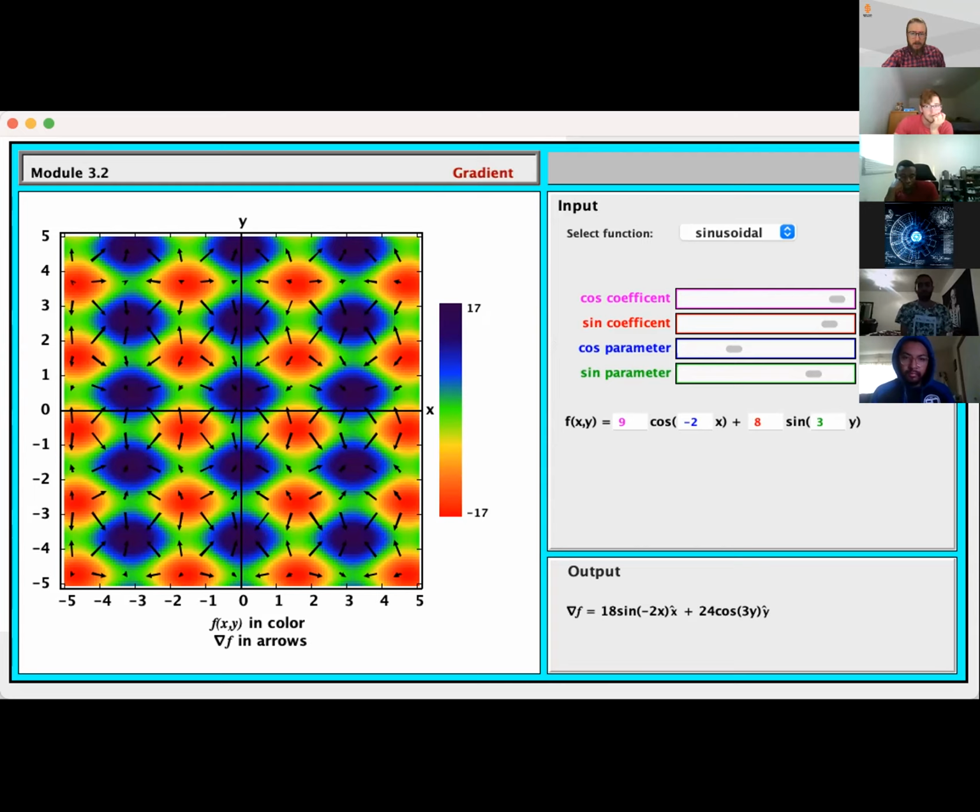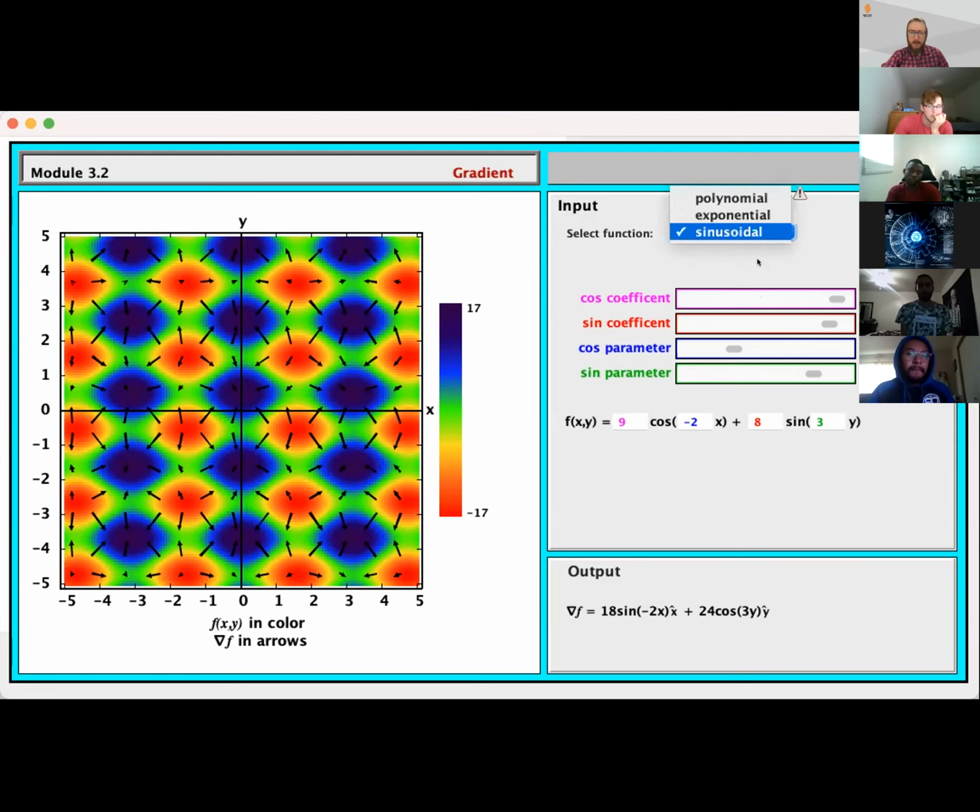Does anyone else have any questions about this problem or what I would like you to do? All right, so please don't use the sine. Don't use this exact same one that I did.